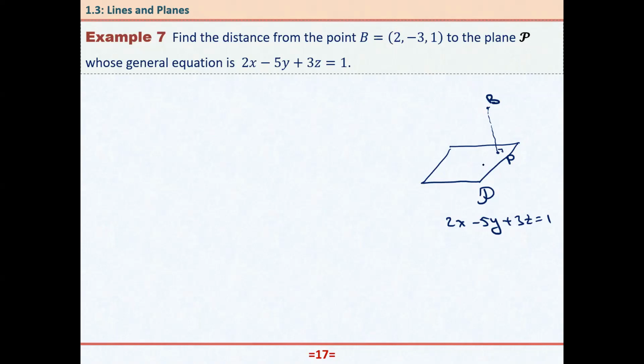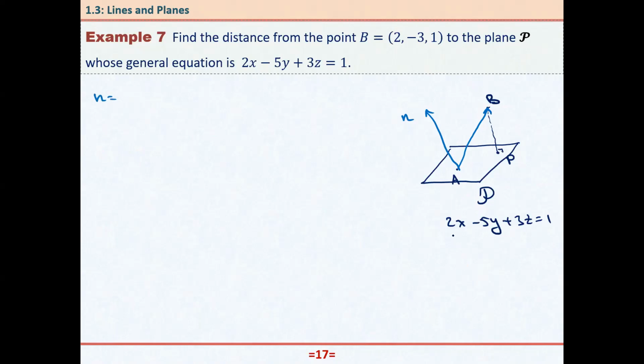And again, once again, if you find any point from the plane, and the idea is similar, let's say this point is A. So if we form a vector that connects these two points, let's say A, B, right? Now, as you remember, we determined a plane by a normal vector, right? So its normal vector is, let's say, this one, n. And also, if you remember, what are the components of this n?